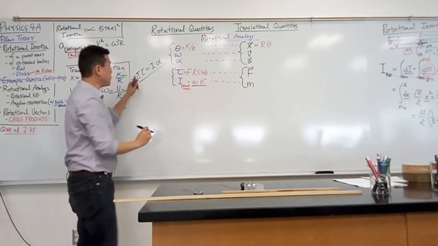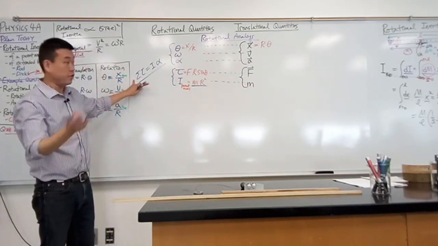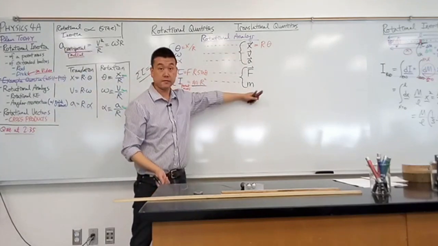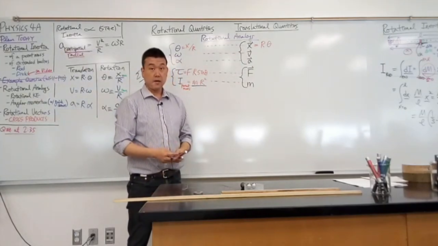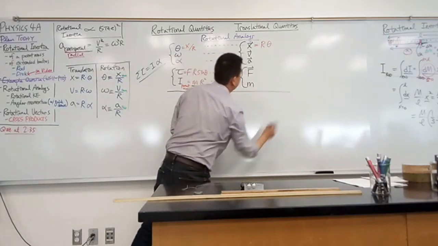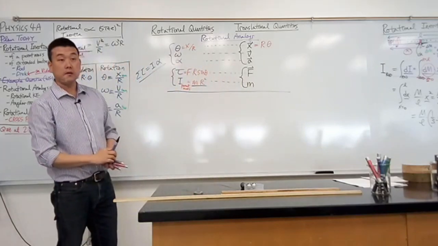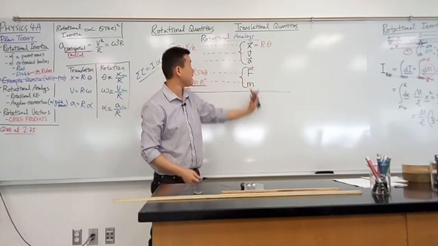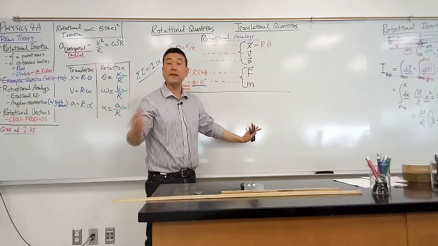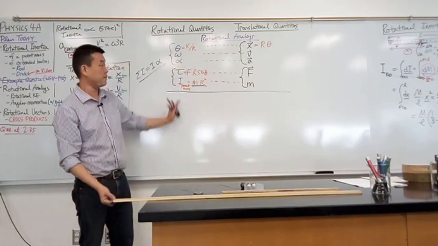And this expression is true, whether you describe it using this or whether you describe it using this. That's by design. And having designed things this way means now we have an analogous relationship from the translational quantities on the right-hand side to a similar quantity on the left-hand side.